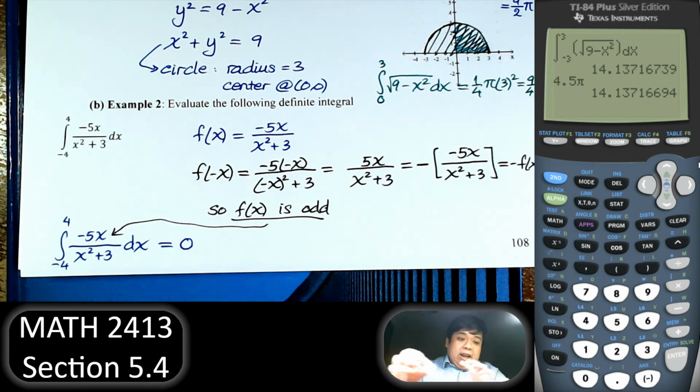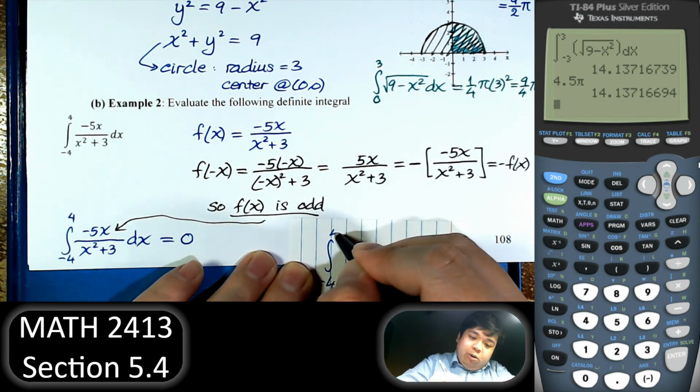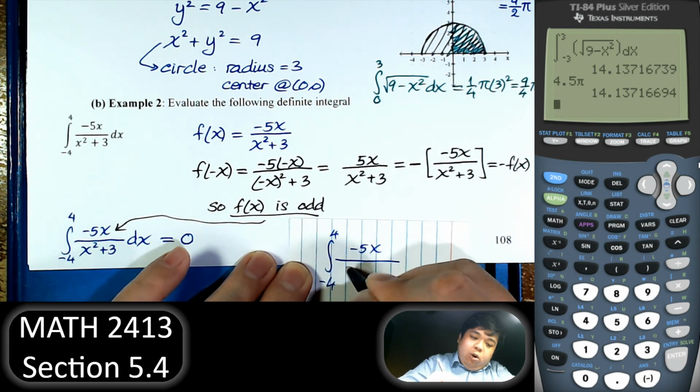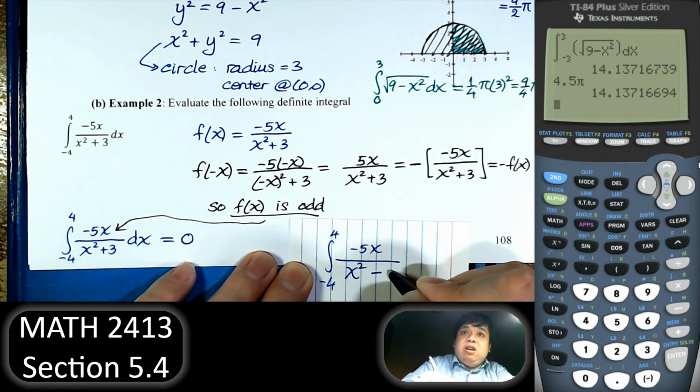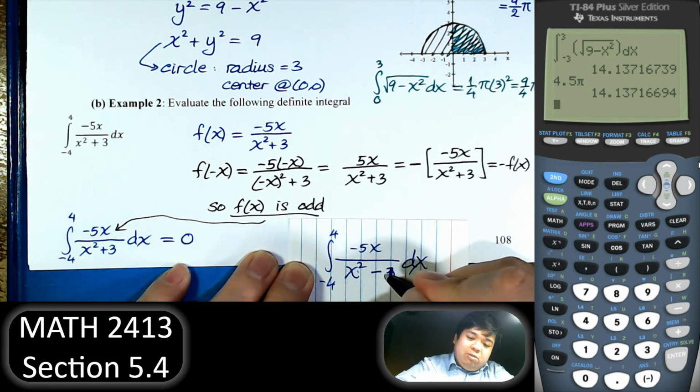By the way, if this problem is negative 5x over x cubed minus 3, this is a completely different thing, because when x equals some values, let's say change that to 1, for example, to make things easier, x squared minus 1.